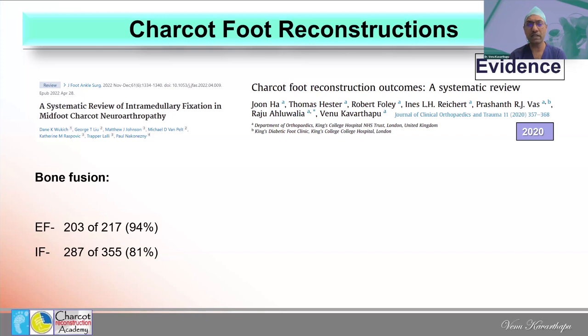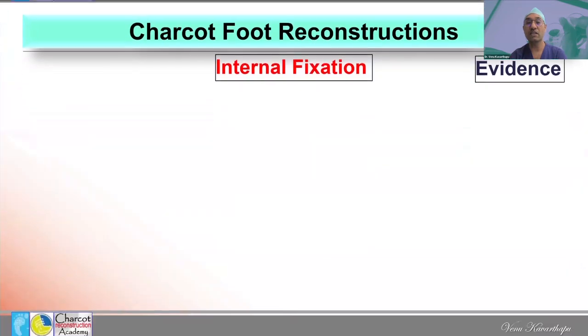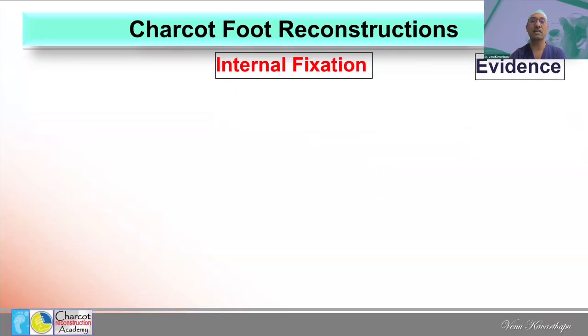That was far better than previously felt, certainly far better than what Johnson's team had identified more than 50 years ago. Now, full weight bearing was achieved with external and internal fixation between 19 to 16 weeks. The amputation rate following surgery was between 4.6 to 4.9%. And this is far better compared to what was achieved a few decades earlier.